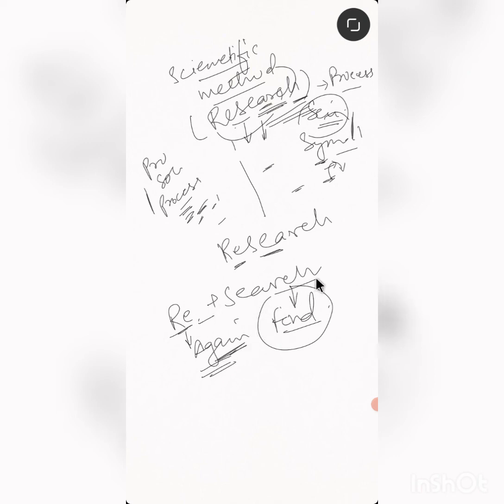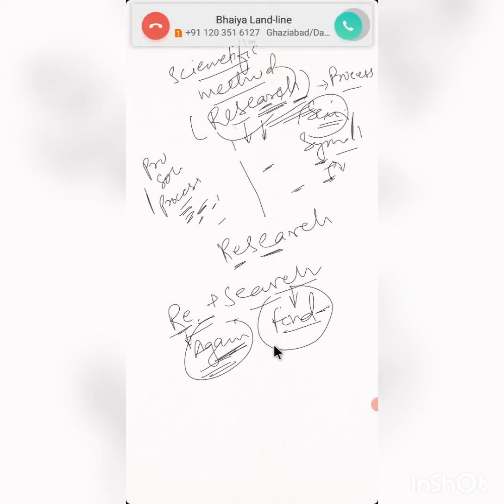The literal meaning of research: re means again, search means to find out. So the literal meaning of research is finding certain things again and again, to see what the possible outcome will be. Okay, fine. So if we define research, what could be the definition of research?